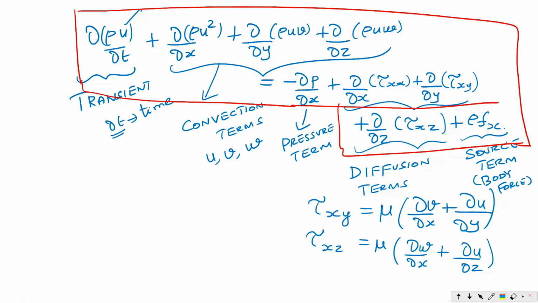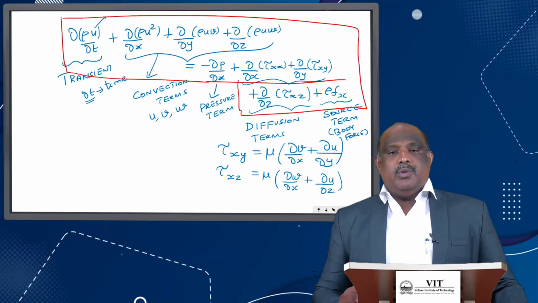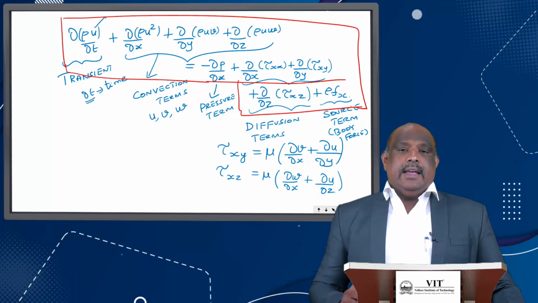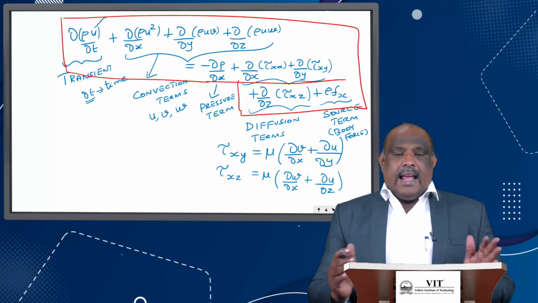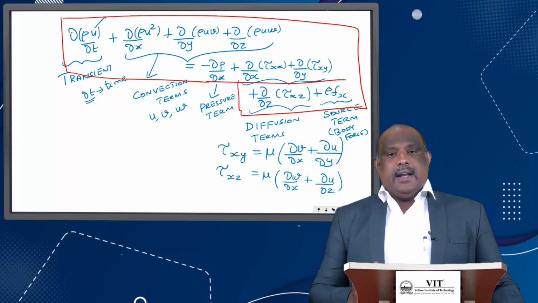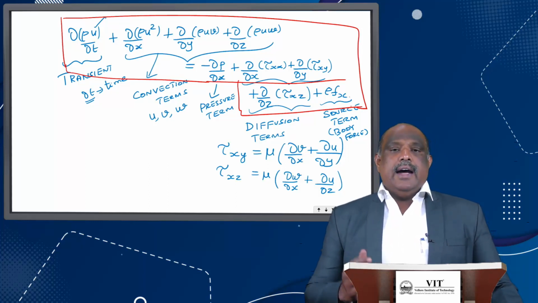We can see dou by dou t of rho u plus dou by dou x of rho u squared plus dou by dou y of rho uv plus dou by dou z of rho uw is equal to minus dou p by dou x plus dou by dou x of tau xx plus dou by dou y of tau xy plus dou by dou z of tau xz plus rho into fx. So this equation can be broadly classified into transient terms, convection terms, diffusion terms and source terms.